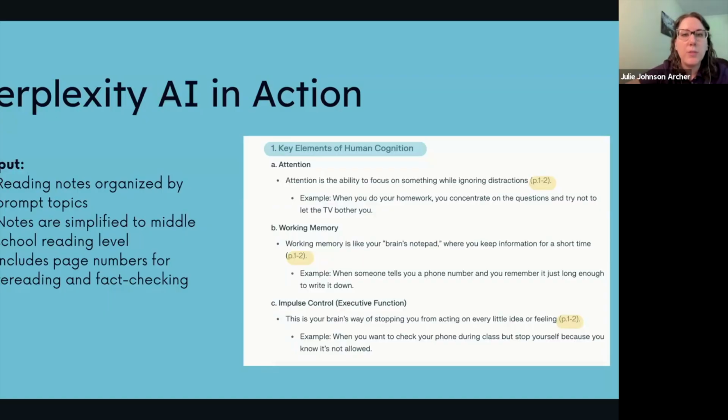Notes are simplified to the middle school reading level in this example, which just helps this new undergraduate student, Jordan, gain an initial comprehension of the complex scientific article. It also includes page numbers because we prompted it to, which encourages the student to go back to the source and critically reread or analyze that output. So next slide.